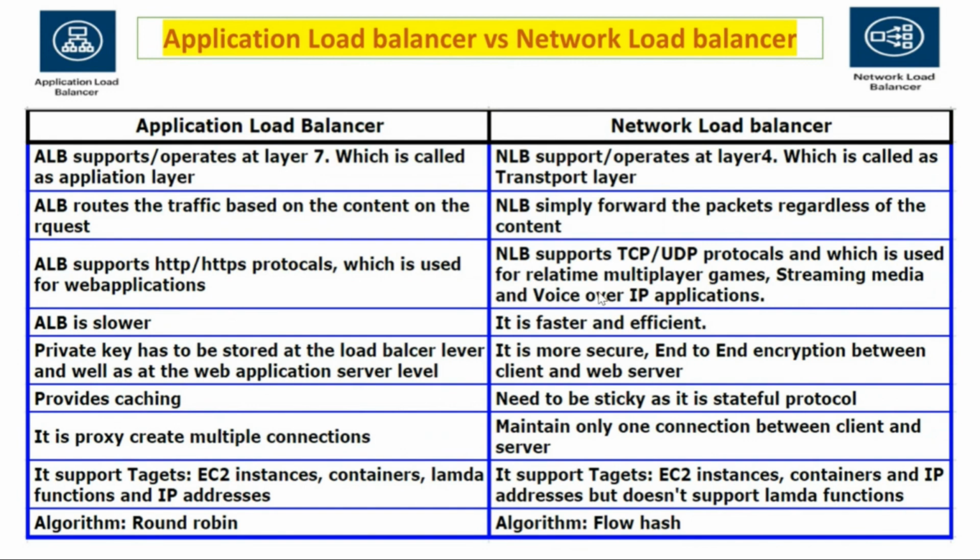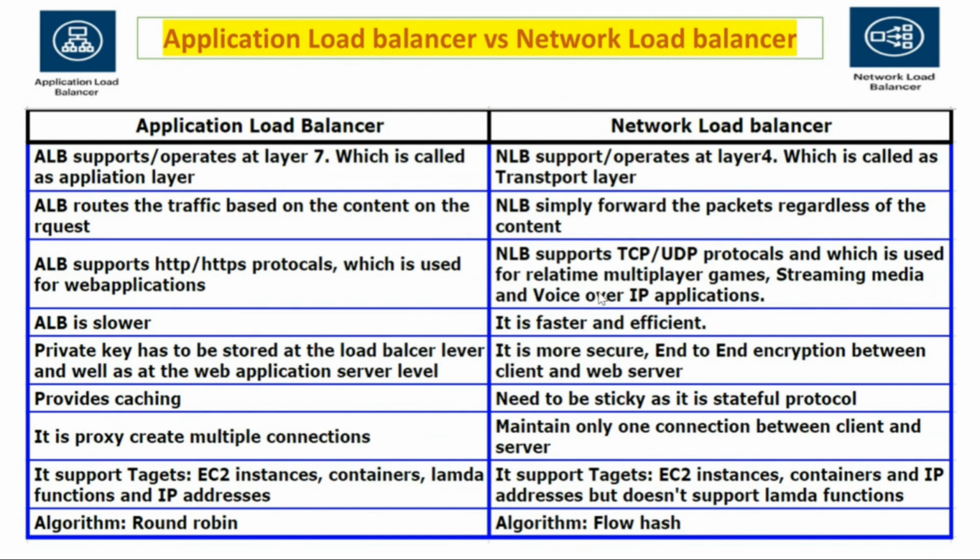Whereas the network load balancer doesn't decrypt any data, it is just forwarding the data to your servers. Since you are not going to decrypt your actual data, using network load balancer you can do more secure, true end-to-end encryption or connection between the clients and servers.